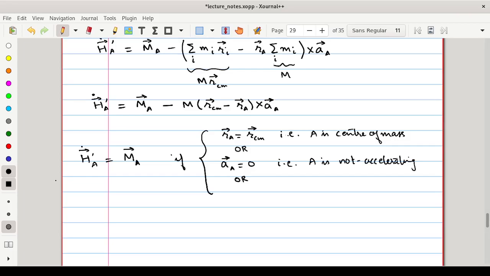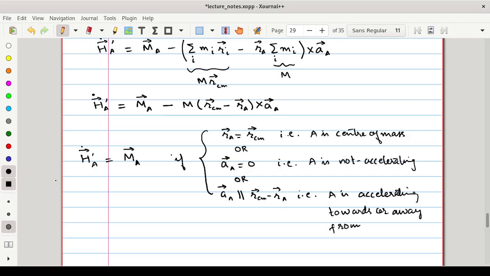Or the third condition is when the direction of the acceleration of A is parallel to R_CM minus R_A, that is, A is accelerating towards or away from the center of mass of the system.